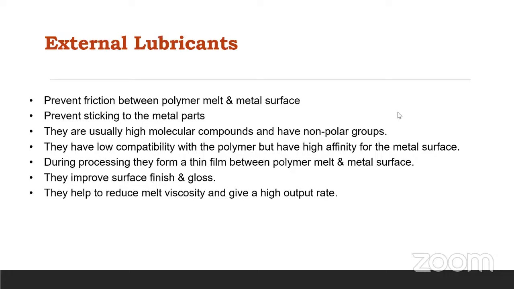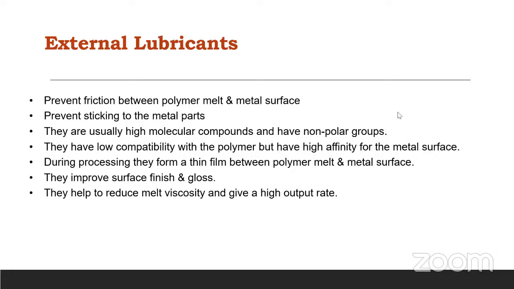So as discussed, external lubricants prevent sticking of the polymeric melt to the metal parts. They have low compatibility with the polymer but higher affinity for metal surfaces, so that they form a thin film on the metal surfaces and stick to them.